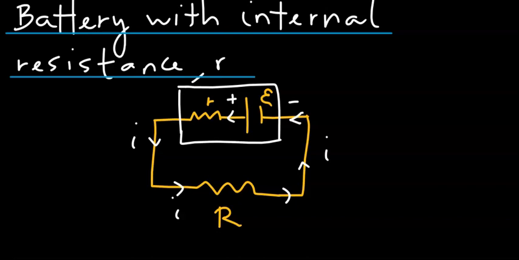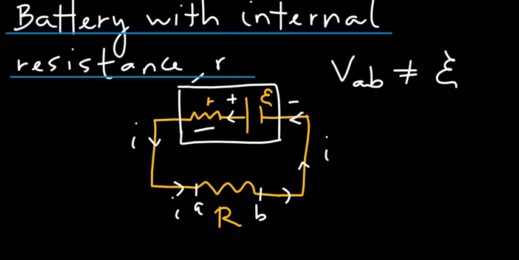Now the question is, what is the voltage provided by this battery to the external resistor, between the ends of this resistor, namely between the points A and B? So that voltage, VAB, is no longer the same as the EMF provided by the battery, because now you have a certain compensation due to the internal resistance of the battery.